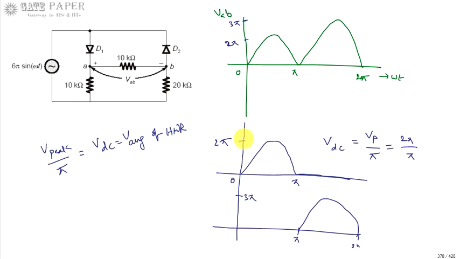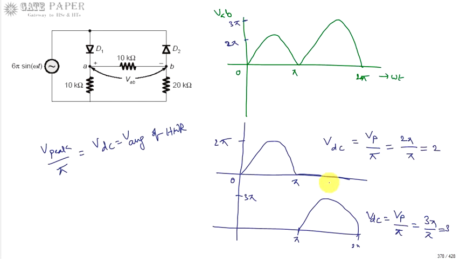So now the VAB waveform looks like the sum of two half-wave rectifier outputs. The first one is conducting only between 0 to π. By that time the DC value is V peak by π, V peak is 2π, 2π by π is nothing but 2. And next for the second one, the average value is again VDC equal to V peak divided by π, that is 3π by π, which is nothing but 3.